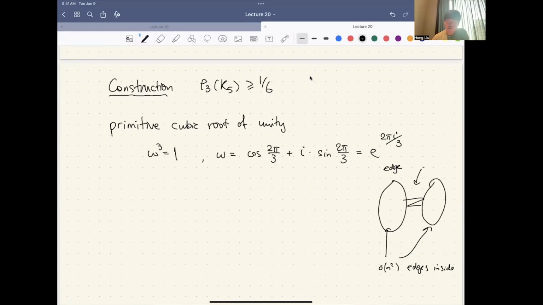That's exactly how we prove the upper bound using the regularity lemma. All of it is triangle-free, and the edge density of each pair of clusters is 1/3.